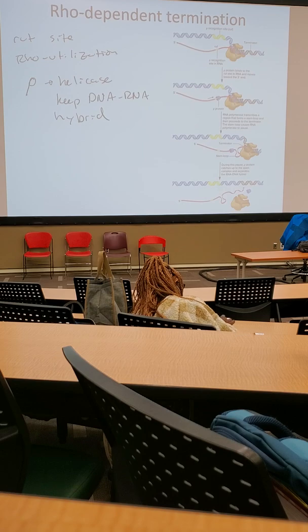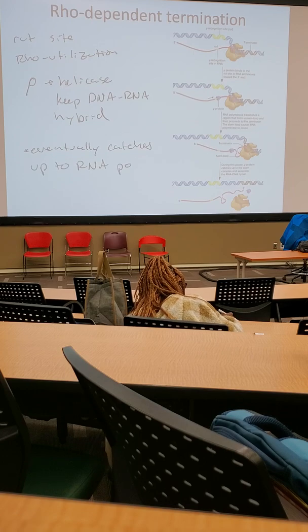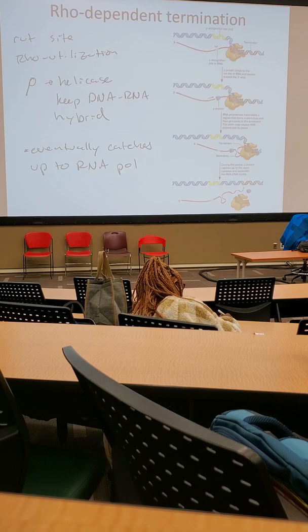So it eventually catches up to the polymerase. That's what's shown down in this third right here. Catches up to that polymerase, right? There's also, in the termination site, something that makes that stem loop structure.